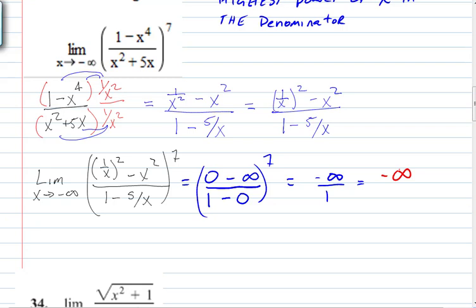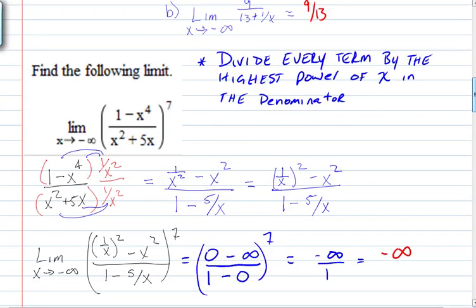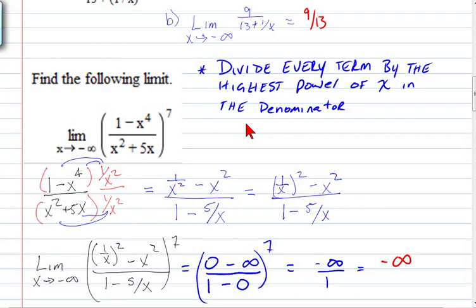So what you're trying to do is manipulate it so that you get a 1 over x, so that you get a constant in the denominator, so that you're able to get an infinity or a 0 or a number. And here's how you decide how to do that. If you divide every term by the highest power of x from the denominator, you'll be fine.